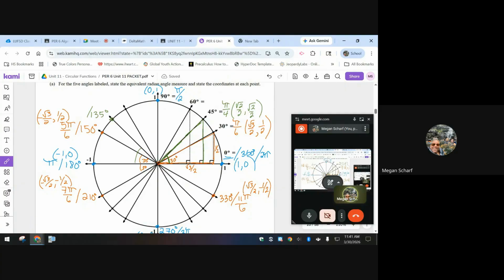You guys got this. You should get 3 pi over 4. And then you're going to use the same coordinates, but who's going to be negative? X. And don't worry, guys. You don't have to have this memorized. Don't stress too much about that. Right now, you're just getting the flow for it, how it works. We're practicing. What I like is you're practicing your reference angles.